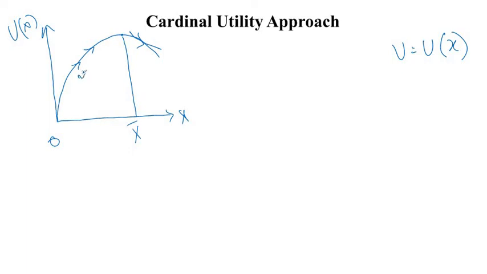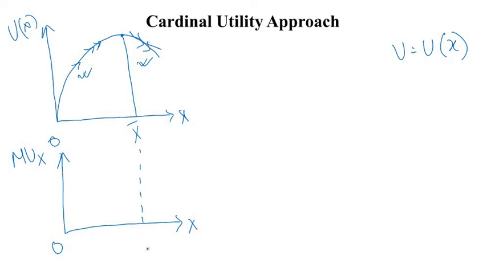So you can see from here, the slope of the utility curve is negative. At this point it is falling, and here also it is falling. The slope is falling throughout, but after X bar, the slope is actually negative because total utility is falling. Now, the marginal utility is nothing but the slope of the total utility, right? Because we are considering additional utility here.